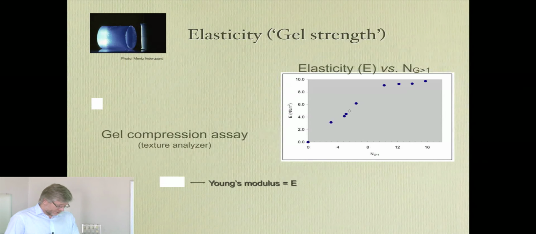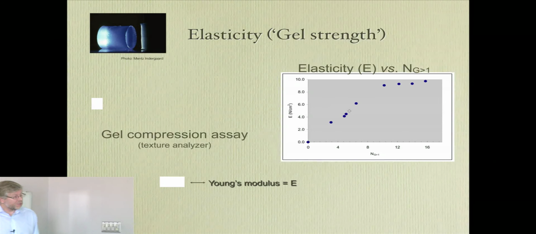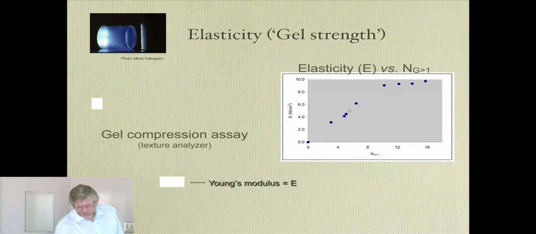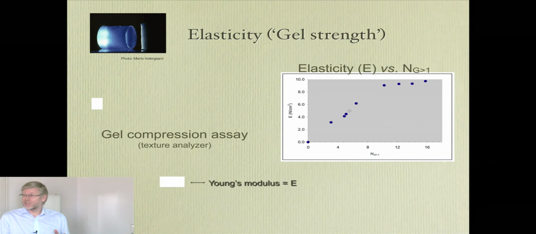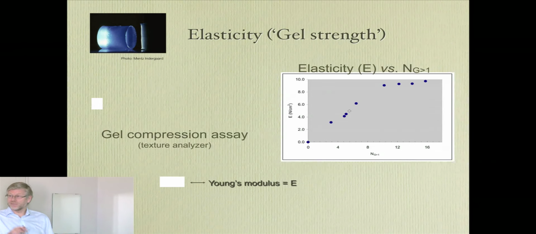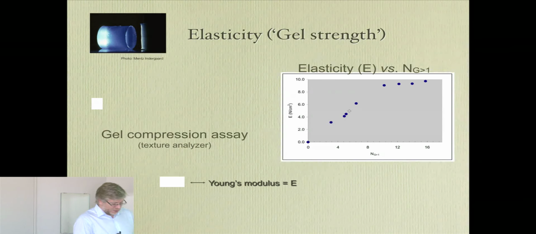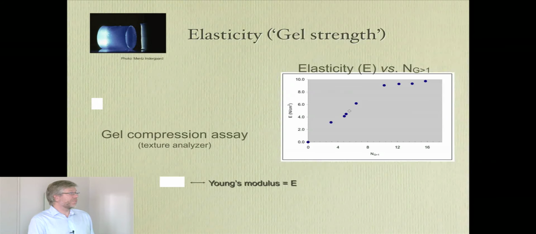So the next step is to study the properties of the gel. And one question is what many people call the gel strength. Gel strength is a very inaccurate term, but what they usually mean is elasticity. So one of the simplest ways to characterize a gel is to use gel compression, simply by squeezing together the gel and measuring the force. And for that, you can buy a very simple texture analyzer.